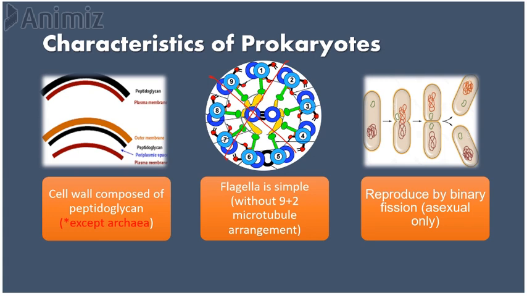So it means that they just consist of cytokinesis, which is the separation of the cytoplasm. So it means that in their division, there's no such thing as prophase, metaphase, anaphase, and so on.